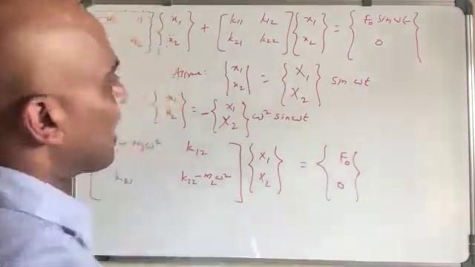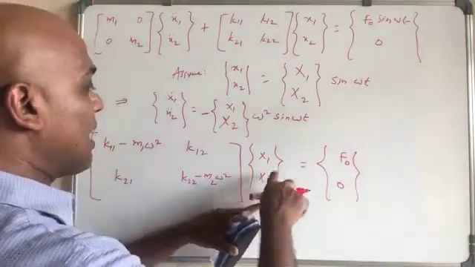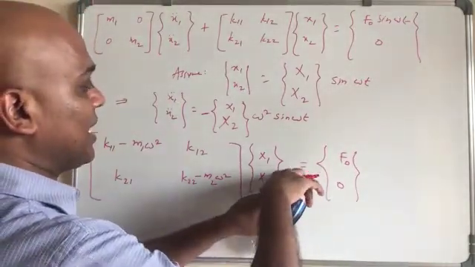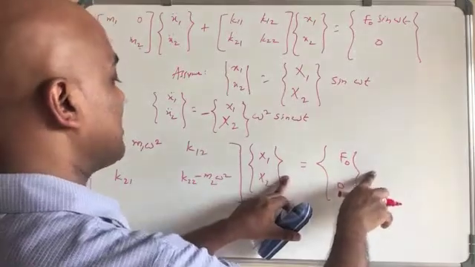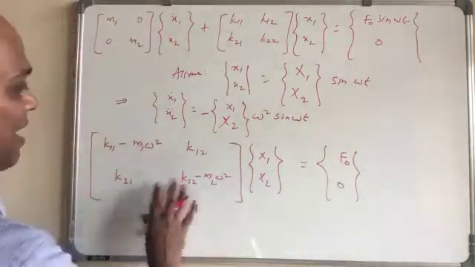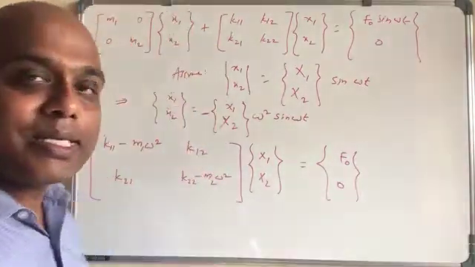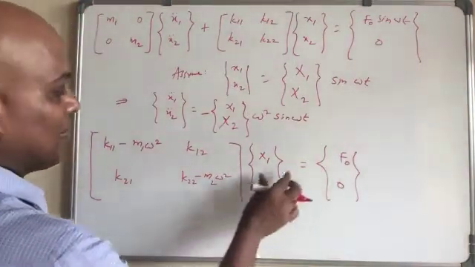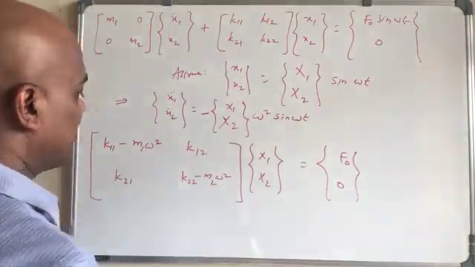Why? Because we also have the sine omega t terms on both sides, and they will be cancelled. So finally we have one matrix multiplied by a vector equal to a vector. Now we have to solve it.